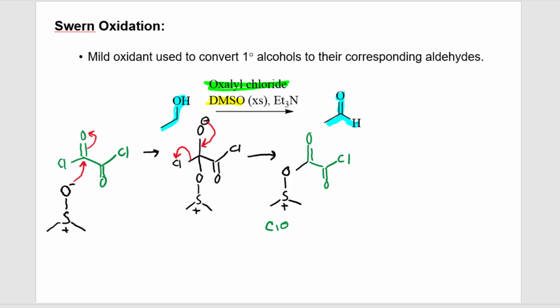Now that chlorine is going to come back, and here's where a lot of stuff happens. The chlorine attacks the sulfur, and what you'll see is that there's a collapse. Right? We just formed carbon dioxide and carbon monoxide.